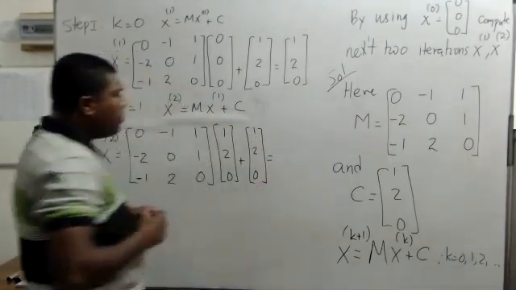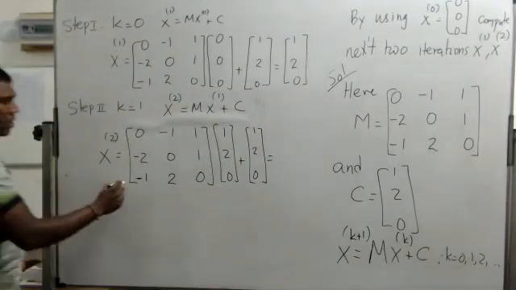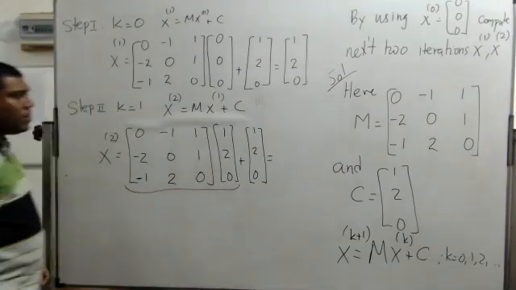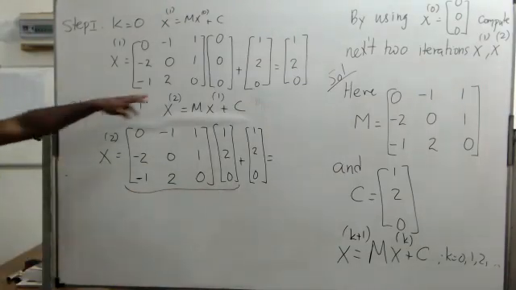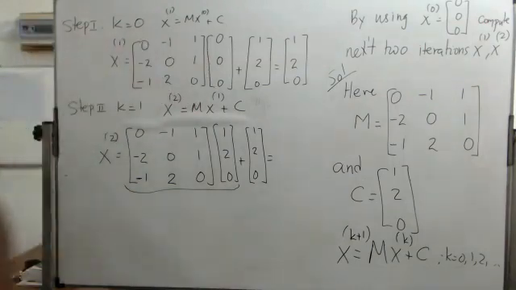This time you have to do the multiplication. Earlier it was all 0. When you multiply everything by 0, you get 0, so you don't need to worry. But here you have to multiply.